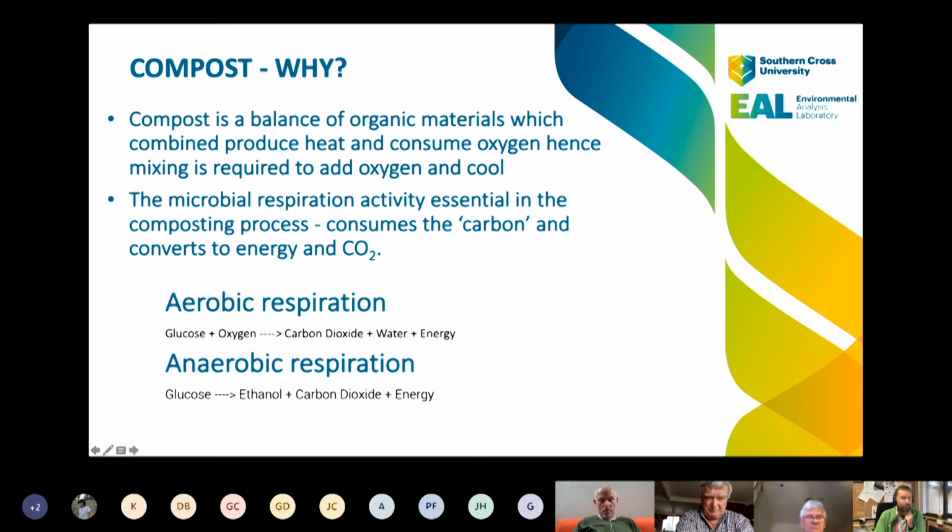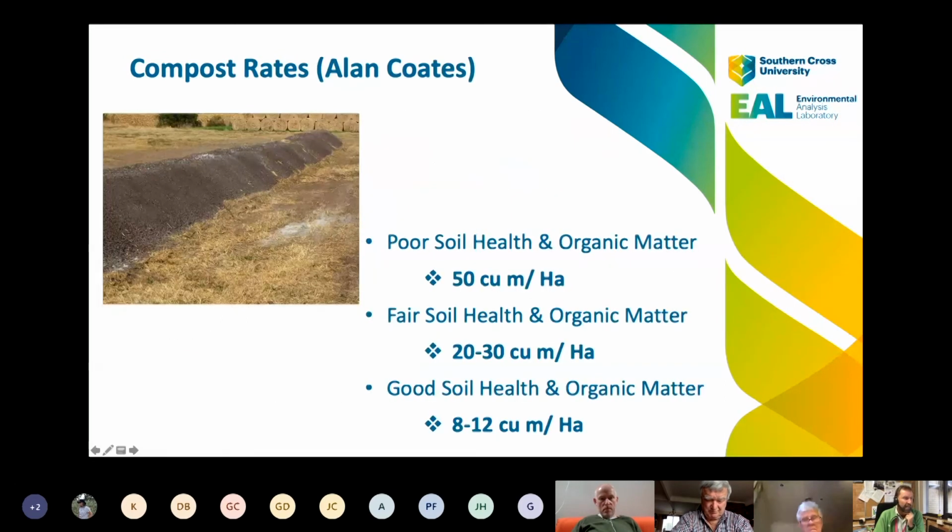That's the nature of all Earth, all planet, all function. Anaerobic, I'm not a great fan of, but there's a lot of fans of anaerobic respiration, which is your anaerobic compost. They do produce ethanol, so you can be very careful with your anaerobic to let it dissipate and burn off that ethanol before you put it on your plants. Otherwise, there's a lot of fans and a lot of processes with that.